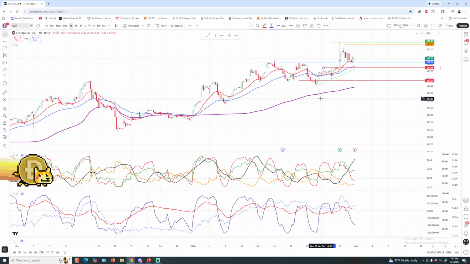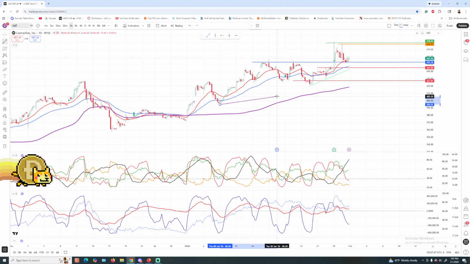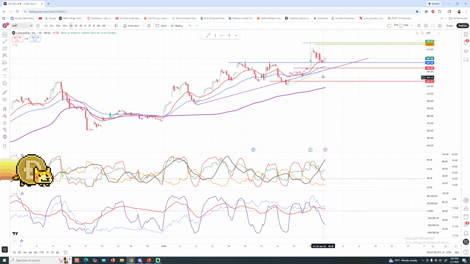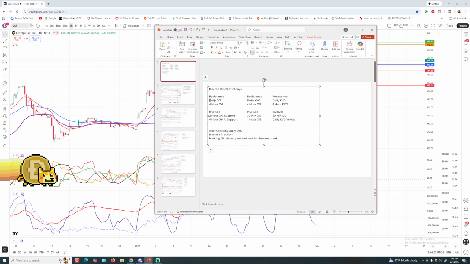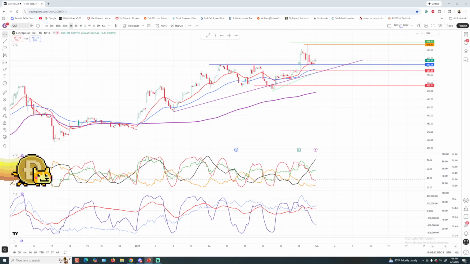I'm looking at the 1-hour support line. We have an old support, and here's the second one. If I have 2 OG setups, a daily OG, 4-hour and daily, that green and that orange, it says I should focus on the 2-hour.